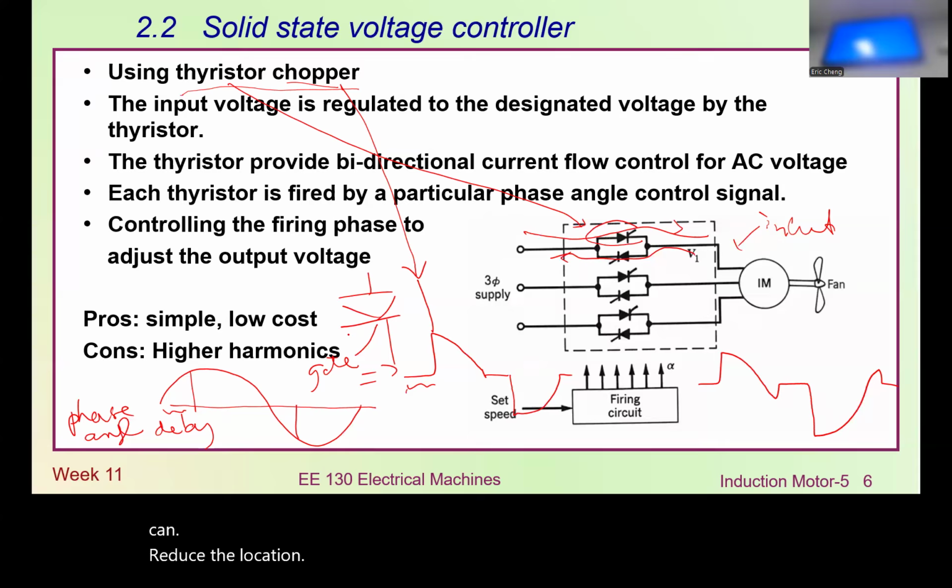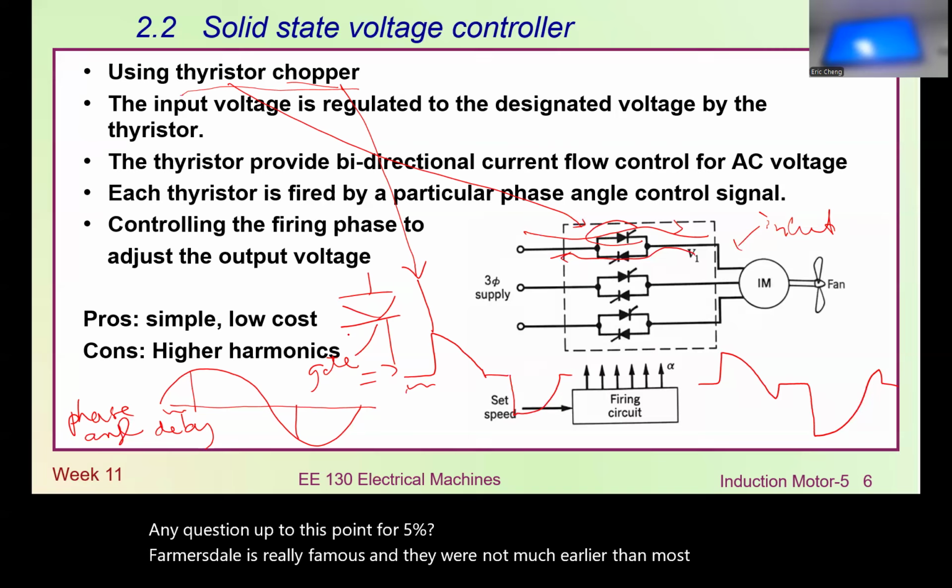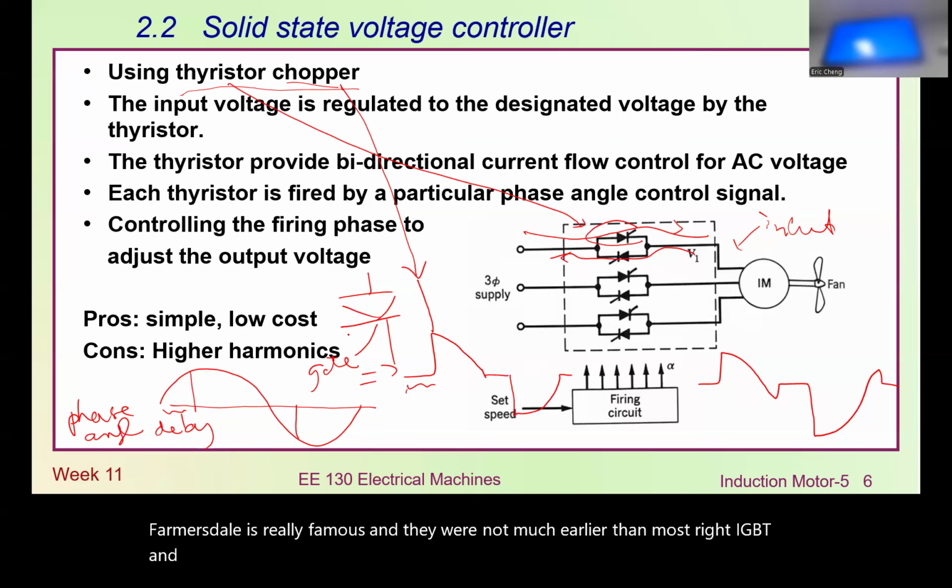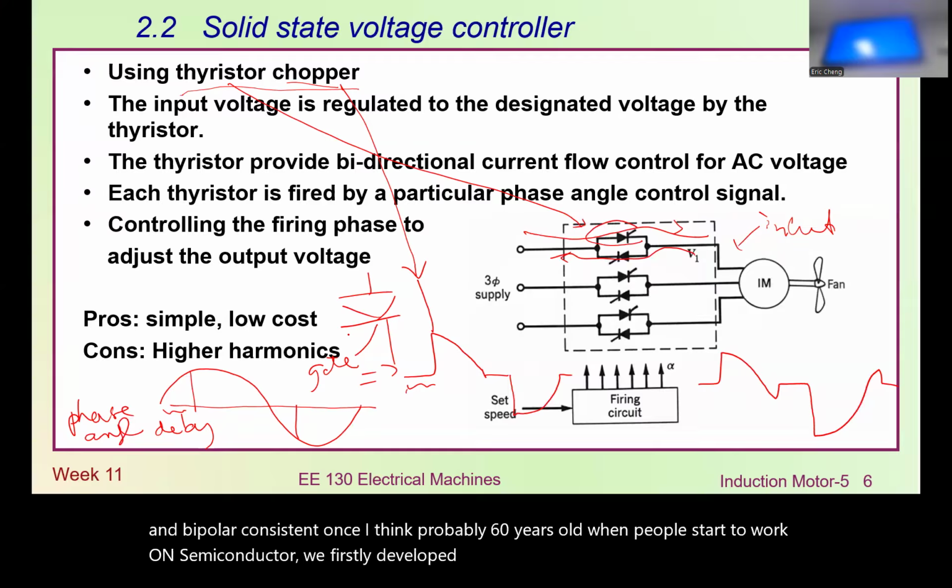Any questions up to this point for the thyristor? Thyristor is really famous, and it was developed much earlier than MOSFET, IGBT, and bipolar transistor. I think after the 1960s, when people started working on semiconductors, we first developed the diode and then the thyristor.